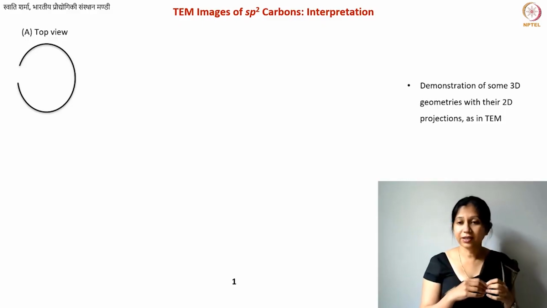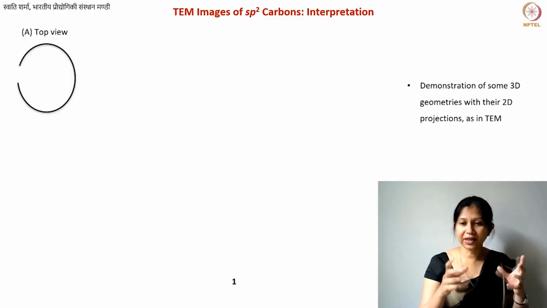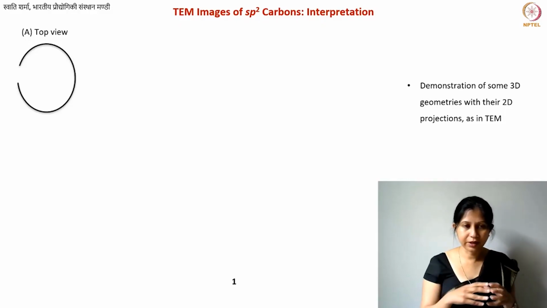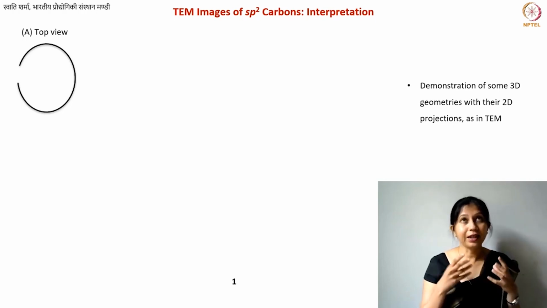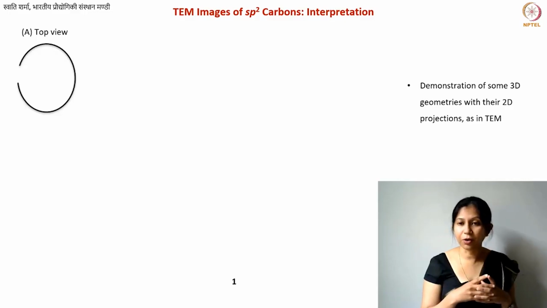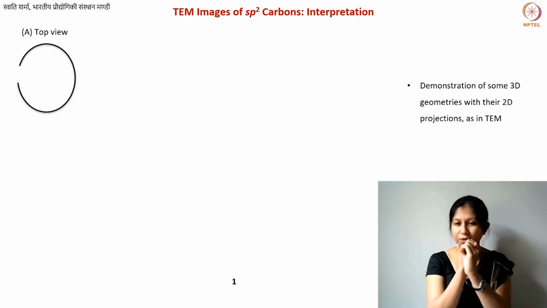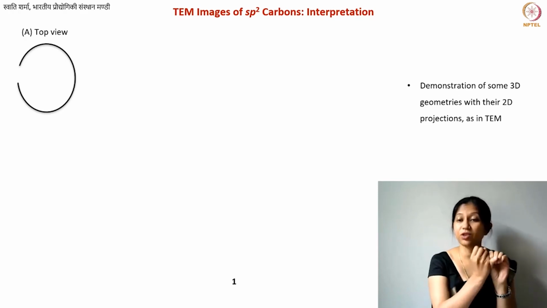You see a circle, or not a complete circle, this ring-like structure, whatever it is. What are the possible 3D arrangements that you can think of? What is the 3D shape? If I see a ring, I can think of it as a particle. I can also think that maybe it is a tube, because I'm seeing only the 2D structure, right?